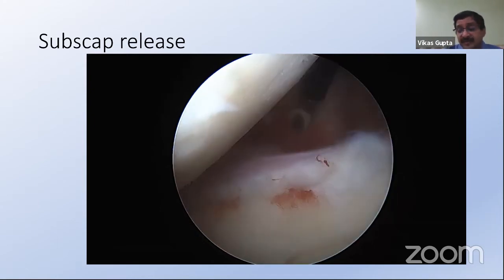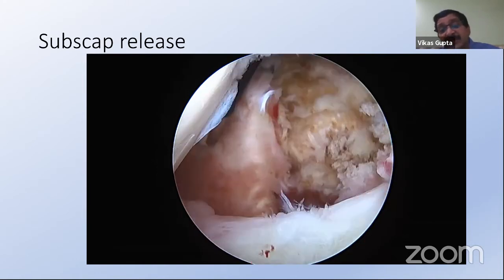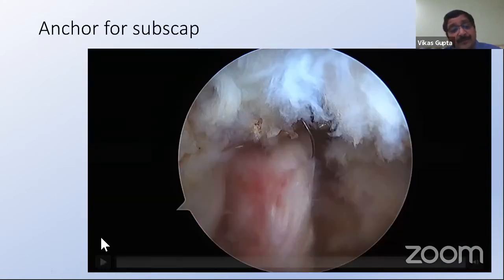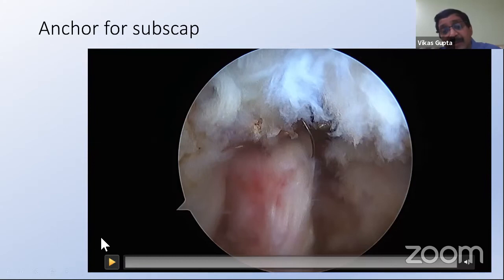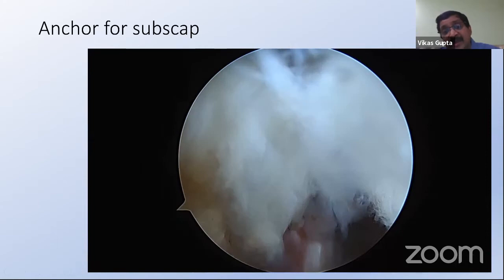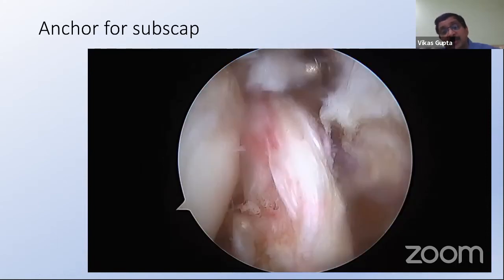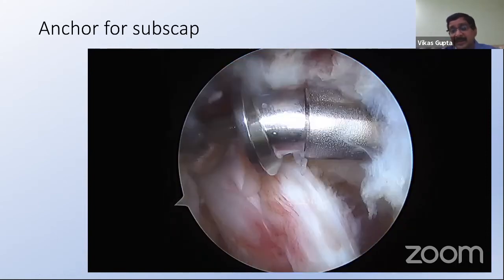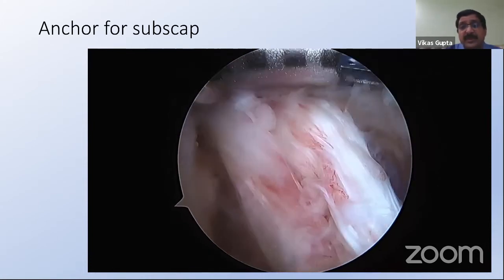Once the release of the muscle is done, we insert an anchor into the bone. We use a metal anchor for the subscapularis because the angle is a little acute, so we don't want to use bio anchors here, but it can be done. It's not impossible, but metal anchors make life a little easier.